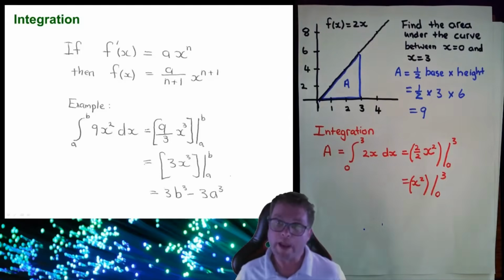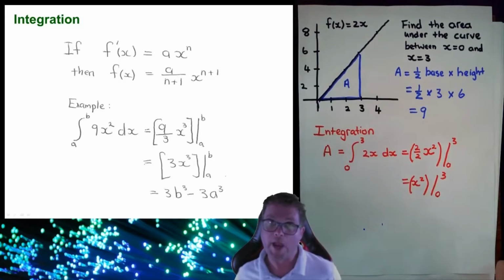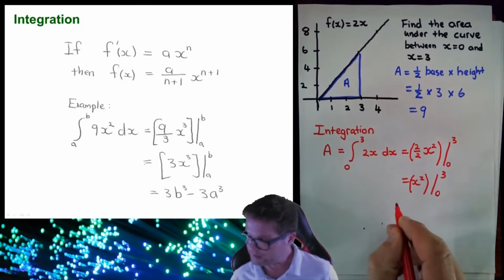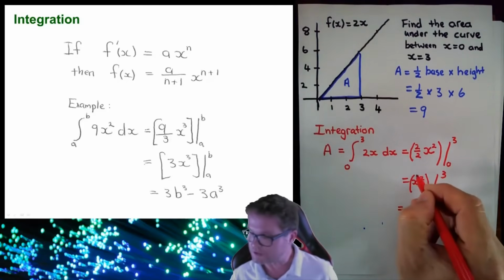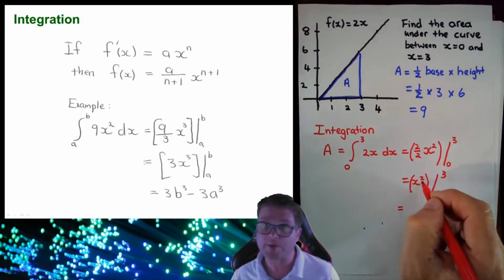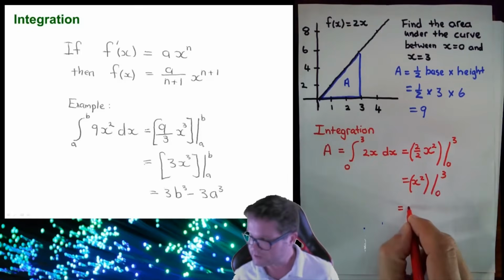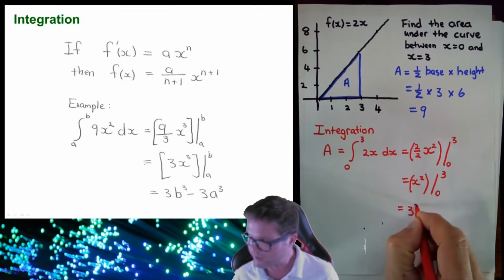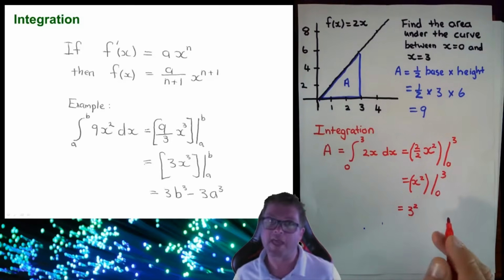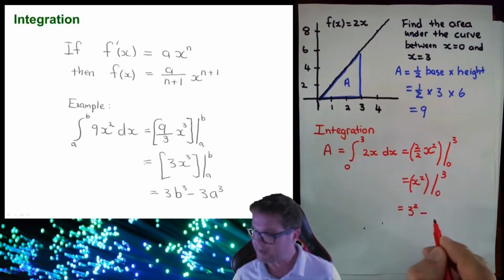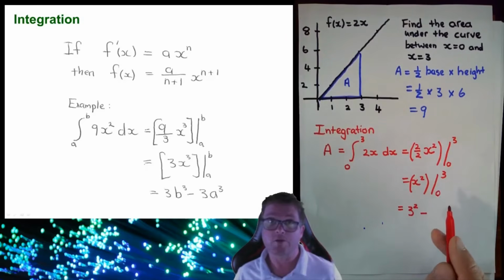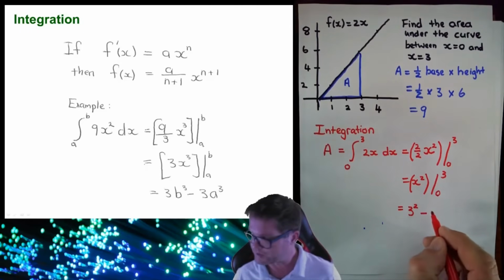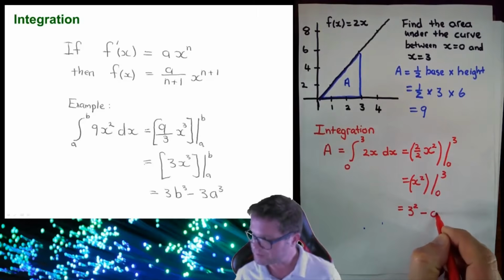Now, the way we finish the problem, or evaluate it, is we take this x squared and we substitute the top number, the 3, in. So this becomes 3 squared, and then we put a minus sign, and then we substitute the 0 in again. So wherever we see x, we put a 0. So this is just going to be 0 squared.